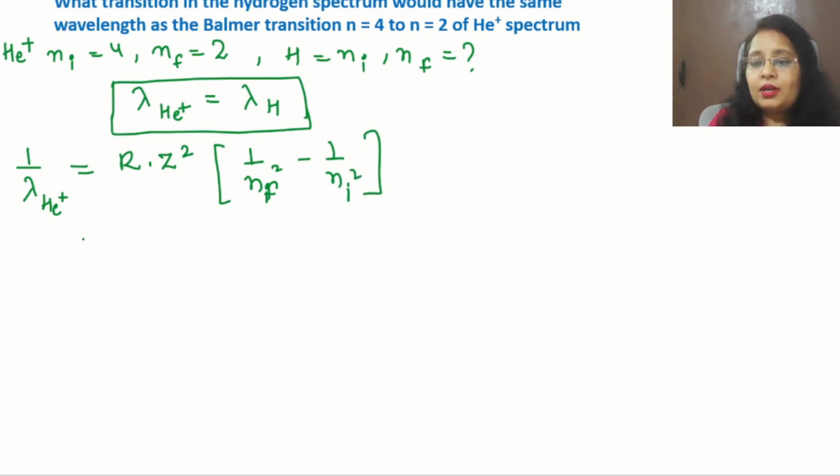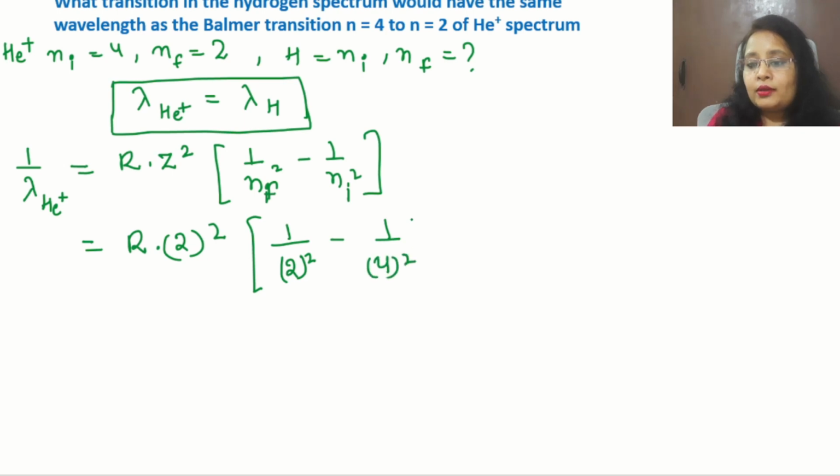Now we'll put the values in the formula to get the lambda value of helium. R we can write simply. Z for helium is 2, so 2 square. 1 upon n final, where n final is 2, means 2 square, minus 1 upon n initial, where n initial is 4, means 4 square.